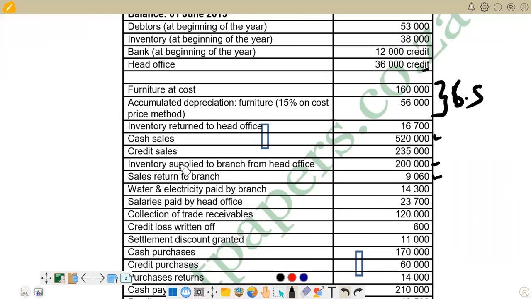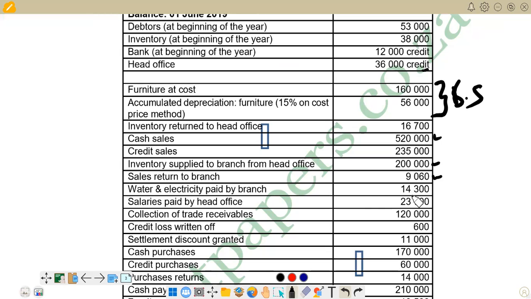Right. From inventories, we are now on water and electricity paid by branch, 14,300. Remember, this is an expense, and it's an expense that has to be charged in the income statement under operating expenses. It's also being paid by branch. So it means the branch bank account is the one that is paying that amount of 14,300.